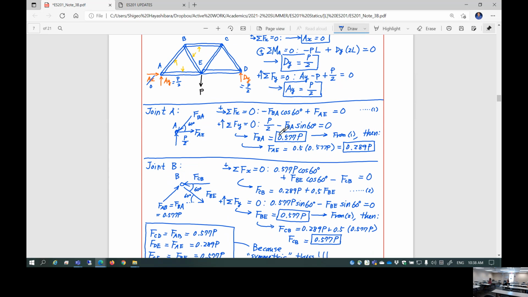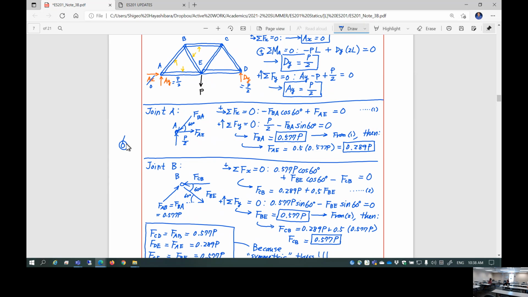So if you have a positive sign, FBA, is this tensile or compression? Tensile, yeah. It's kind of misleading because, wait, if BA is pushing into joint A, isn't this compressive? No, this is tensile. Once again, you have to be very careful.